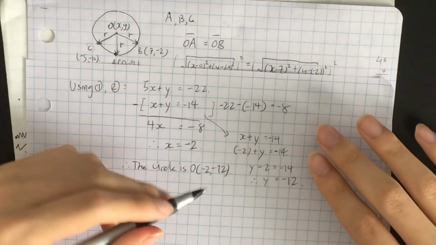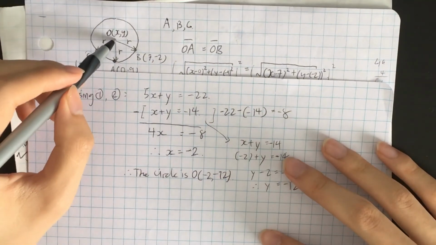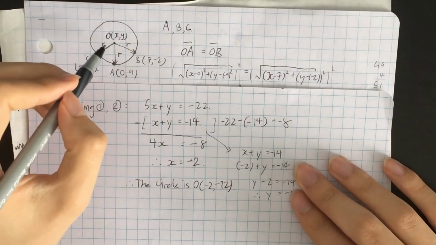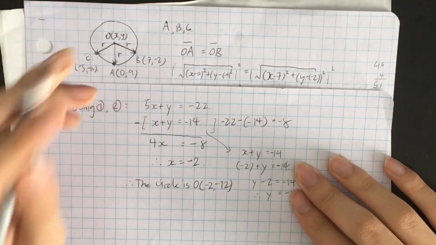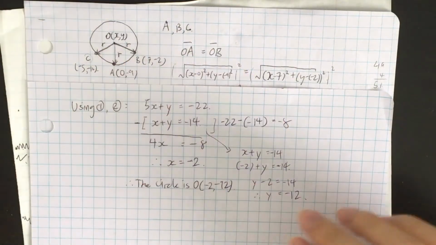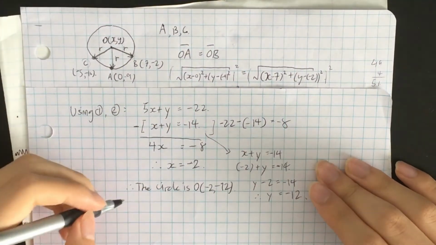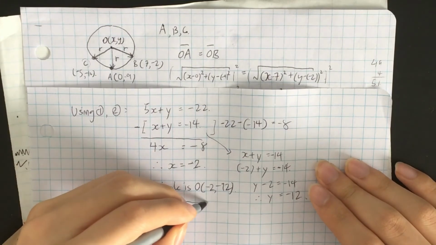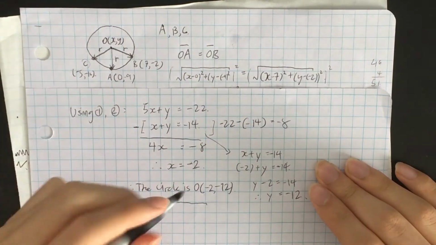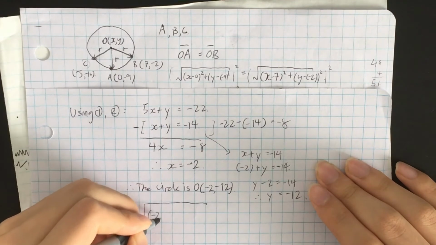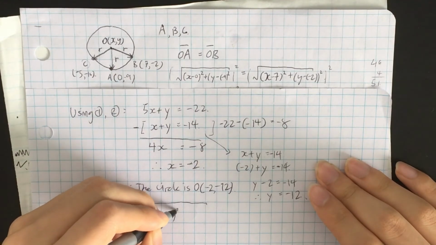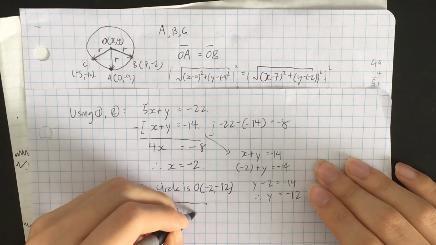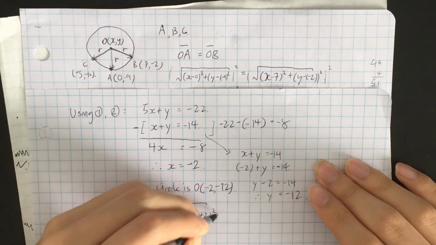We're going to substitute this coordinate back into here and use the distance formula to determine the radius. So the radius is equal to the square root of negative 2 minus 7 squared plus negative 12 plus 2 squared.